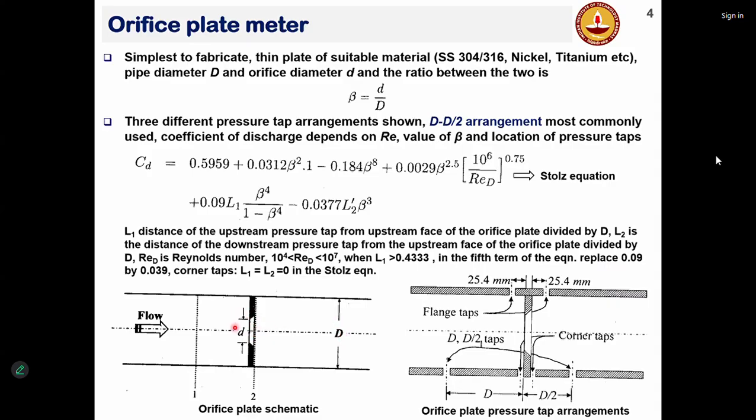It's like a circular plate with a hole at the center. And this hole, the orifice, can be characterized in terms of what is called the diameter ratio, or beta. Beta is the diameter of the hole or the orifice divided by the tube diameter.